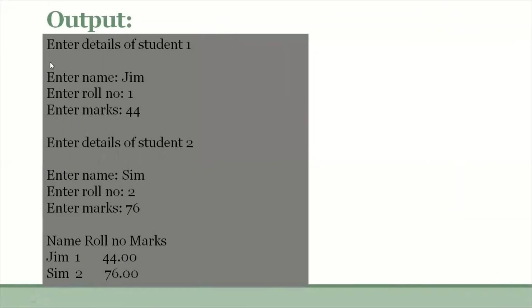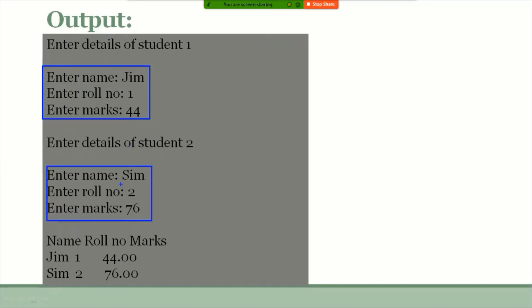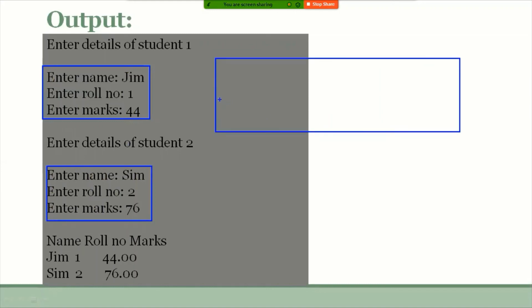First, the name, roll number and marks are entered. Then the second student, SIM, roll number, marks. In this case, what happens? The compiler first allocates memory like this. This is the first structure for ZIM. All the ZIM details will be stored here, and all the SIM details will be stored here.